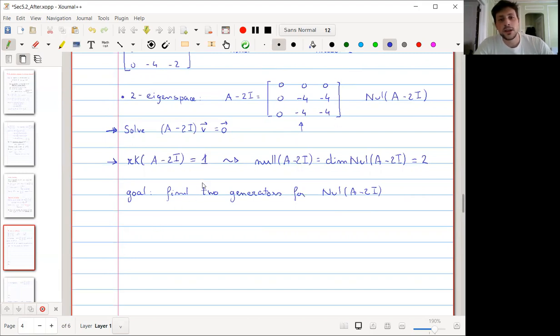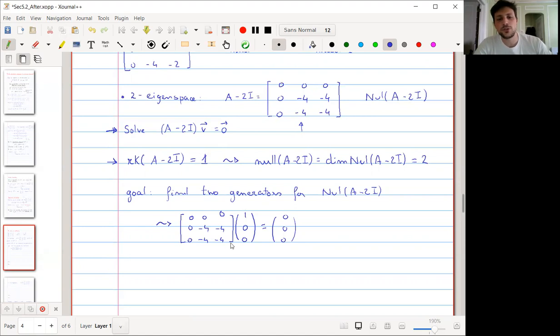For example, the vector 1, 0, 0, when I multiply it by the matrix A, extracts the first column, but the first column is 0, 0, 0. So that is a solution to the homogeneous linear system.